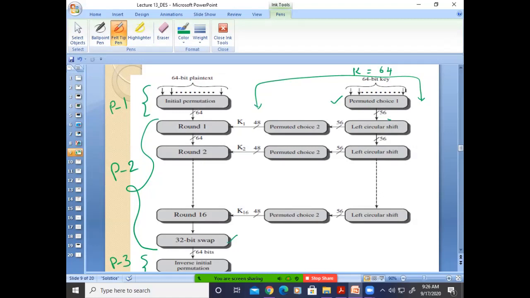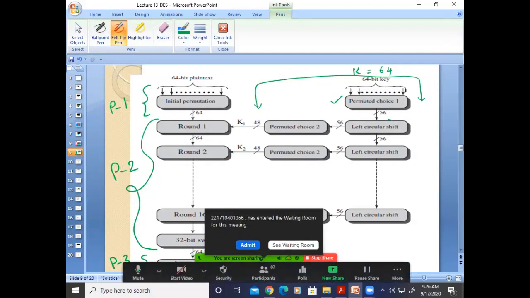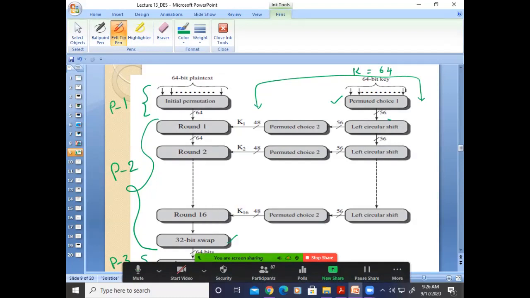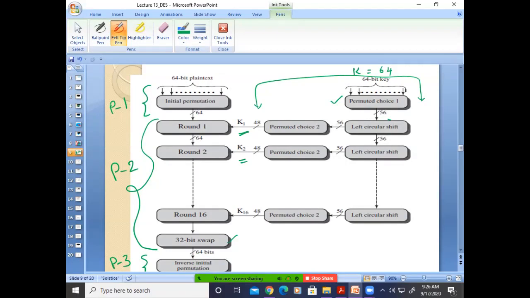But what is happening to this left circular shift output will also go to permuted choice 2. So permuted choice 2 converts 56 bits to 48 bits only. How? That also we'll see. So this 48 bits is K1. Similarly K2. Based on the round, there may be a 1-bit rotation or 2-bit rotations.